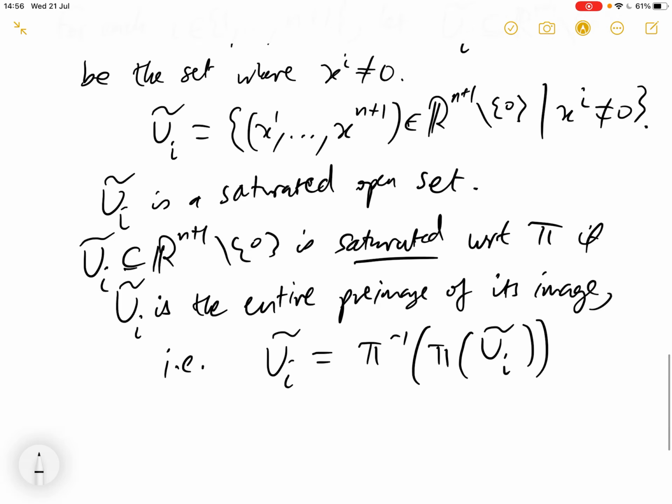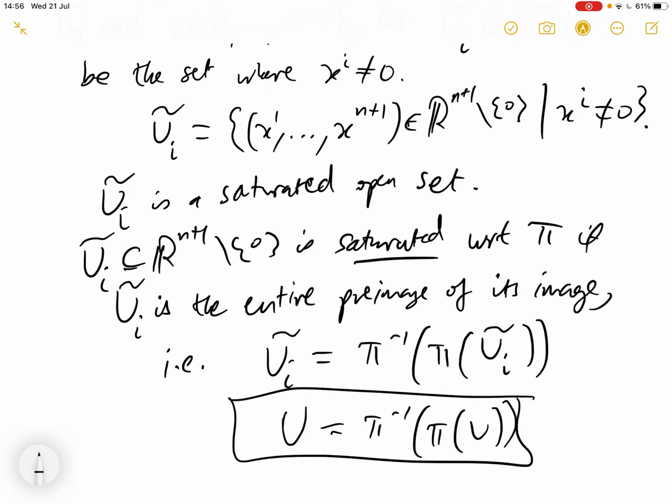So that means we have that U_i tilde is the pre-image of pi of U_i tilde. And in general, a set U is called saturated, it needn't be open, if it satisfies this property that U is the pre-image of pi of U. So a set is saturated if and only if it's the union of fibers.